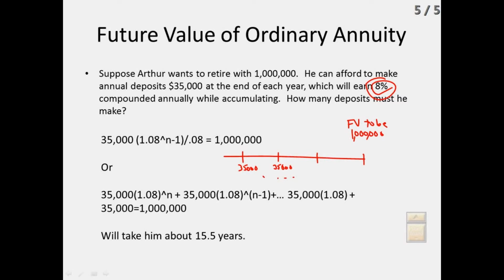If I put in 30 payments, that would earn no interest, and I would have about $1 million. So the number better be less than 30, right? If I'm putting away money every year and I'm not getting any interest at all, then I'm not going to be very happy about that.